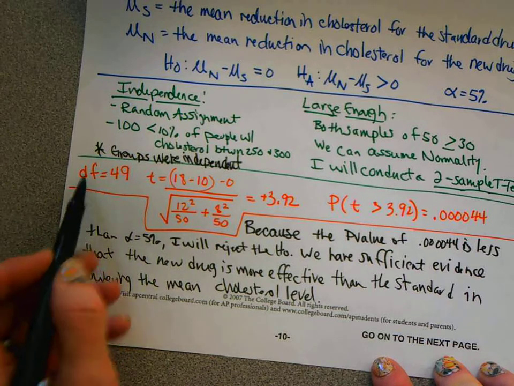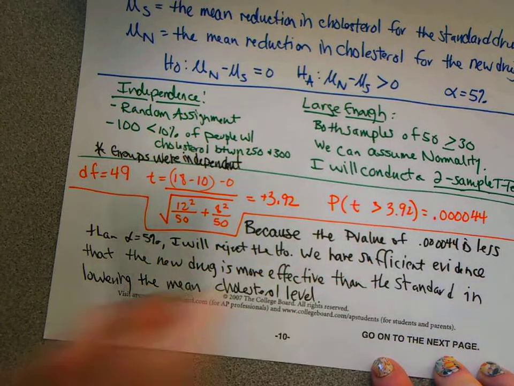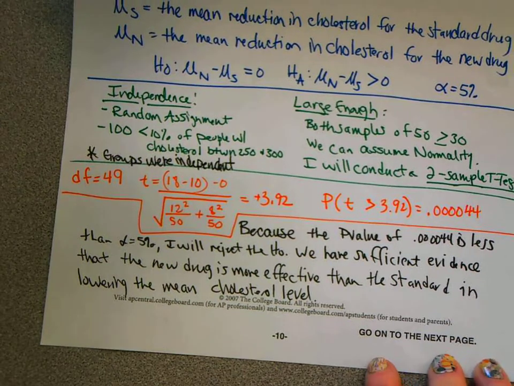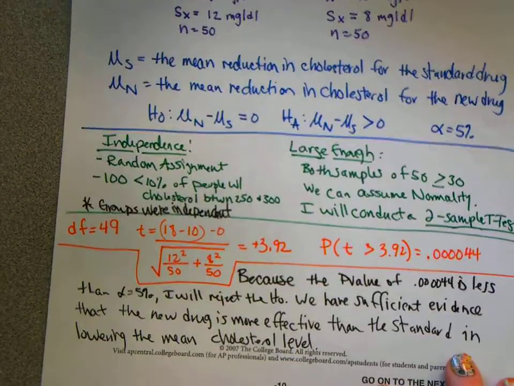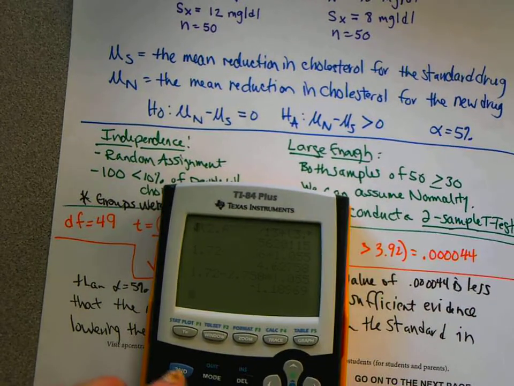This is how I got my p-value using tcdf, and I can show you that real quick. Went to second VARS, tcdf, 3.9299, 49 degrees of freedom.